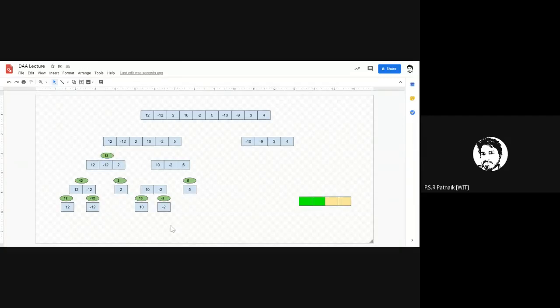If I solve the same problem here, what will be the value for this? It is 10 minus 2, the max sum from the left side. 10 minus 2 is 8. What is maximum? This itself is maximum. So here I get 10.